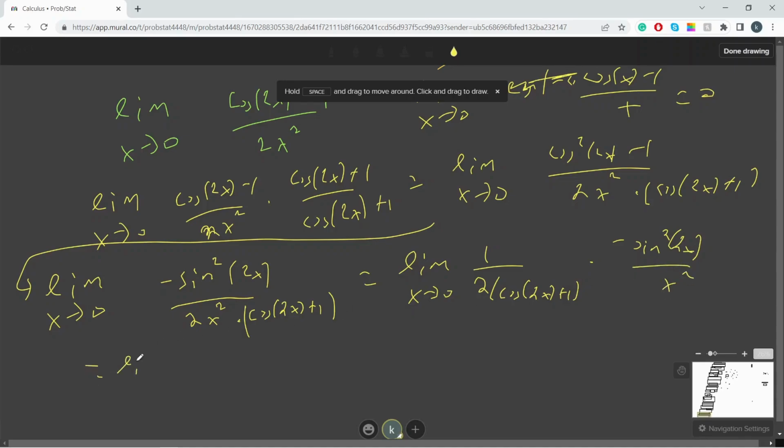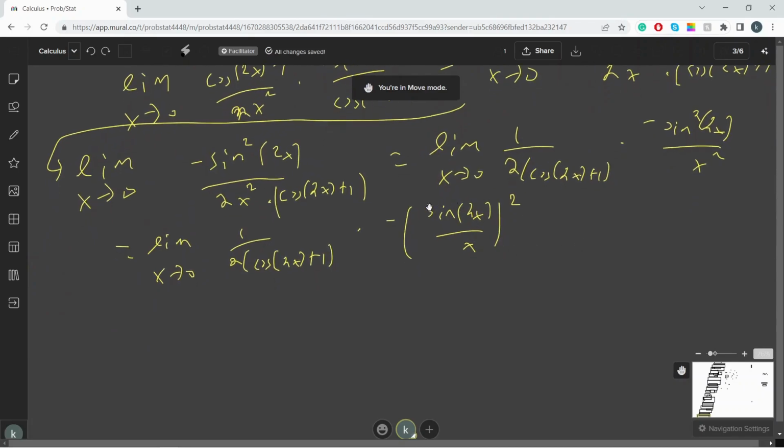And this is equivalent to the limit as x approaches 0 of 1 over 2 times cosine of 2x plus 1, multiplied by negative of sine of 2x over x, whole squared. This form is equivalent to this form. And now what we've done here is we've exposed a sine of something over x form, and we can apply our special limit. Now, we'll have to go through the product rule to separate out the individual terms in this product. So we're going to do that right now.